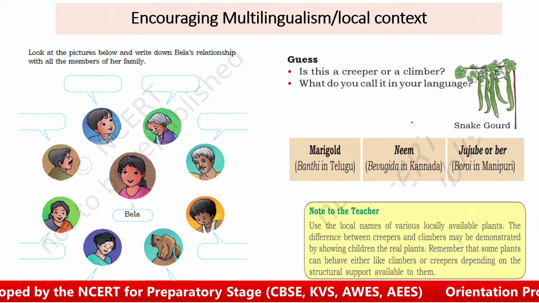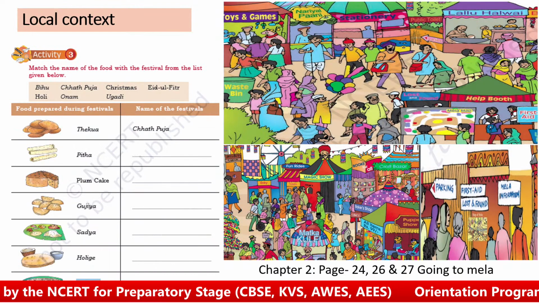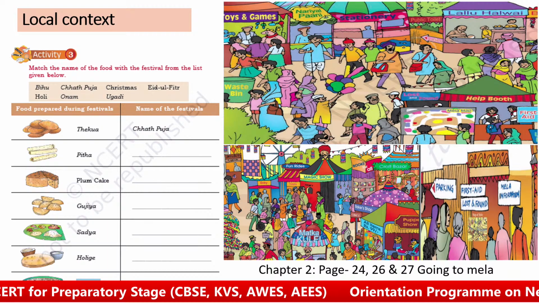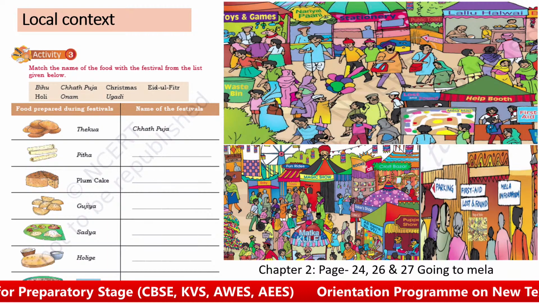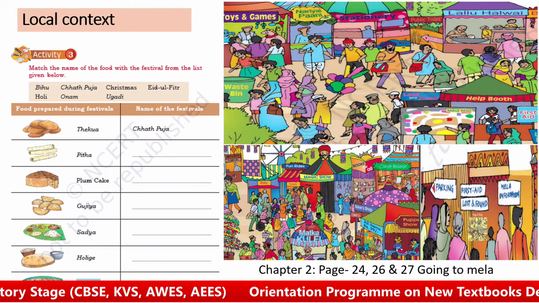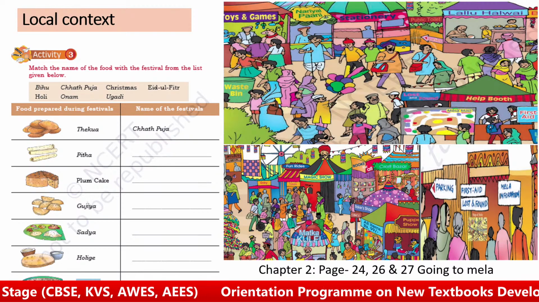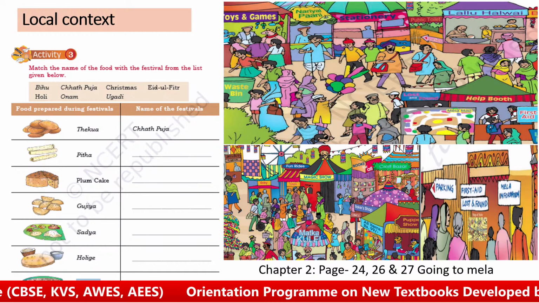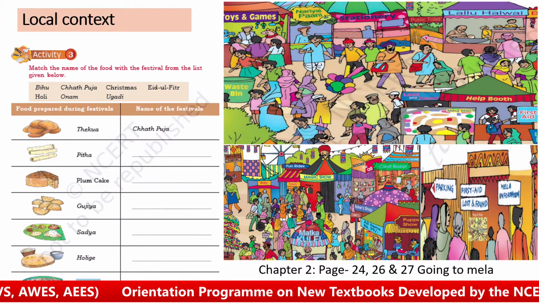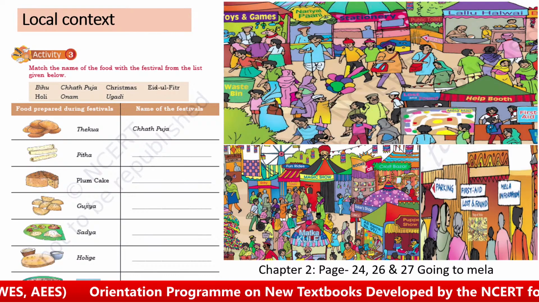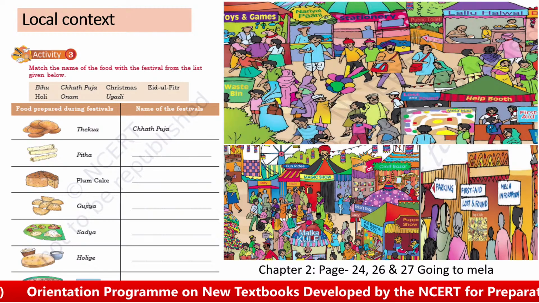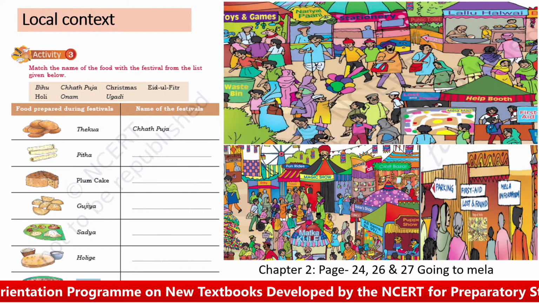Then we also need to look at local context, and there's a beautiful image on your screen from chapter number 2, page number 24, 26, 27, going to Mela. And based on this picture, we have tried to design assessment activity number 3. It says, match the names of the food with the festival from the list given below. So we have listed several festivals like Bihu, Chhath Puja, Christmas, Eid al-Fitr, Holi, Onam and Ugadi.